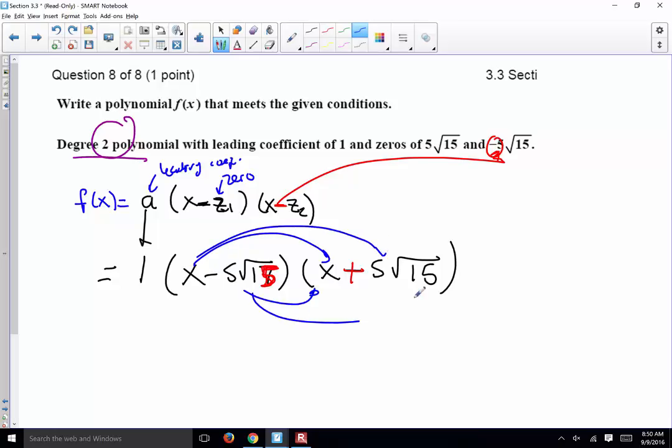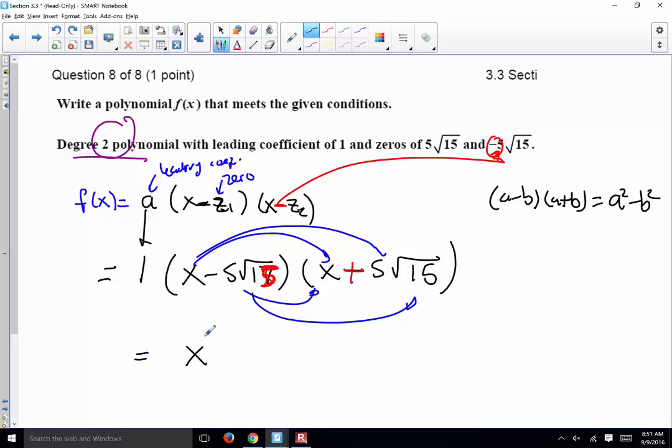Foil it. But isn't this a minus b, a plus b, that fact? Do you guys know what happens? A minus b, a plus b. If you have two conjugate factors, when you multiply them, it's just the square of each.